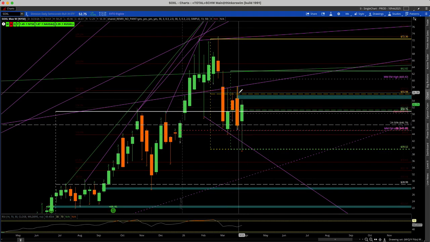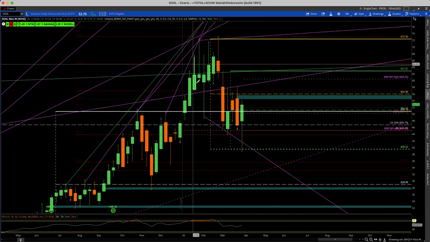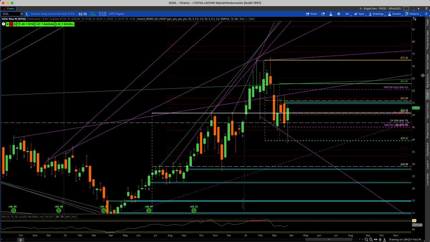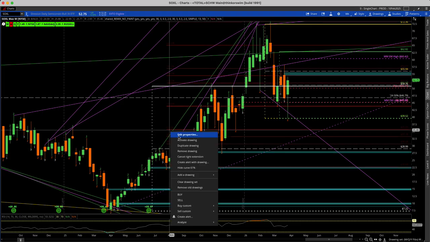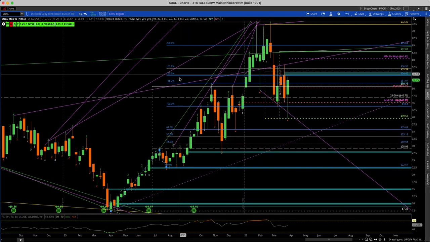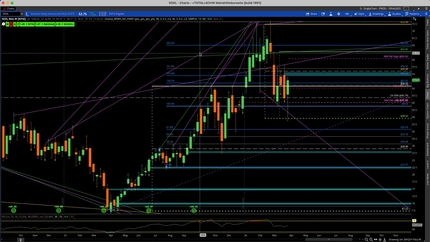So the question is, do we break through the top of this range that we've been in here for 4 weeks and get back into the upper part of the larger range that we've been in since January, right? I brought up the bull flag from the April 7th low that's down here. So here's your flag pole, there's your flag, and here are your Fibonacci extensions from there.